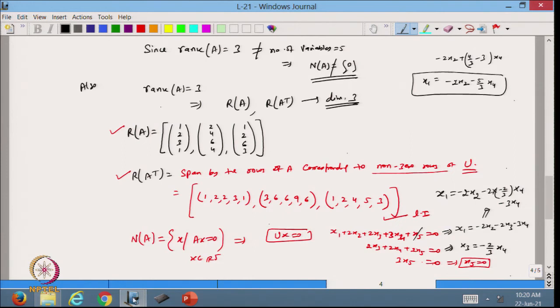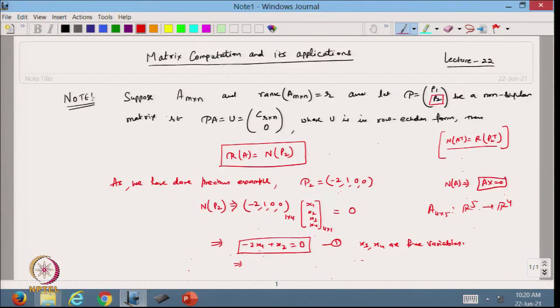So this one we are going to do now. From here I can say that my x2 can be written as 2x1. So this relation I can write.